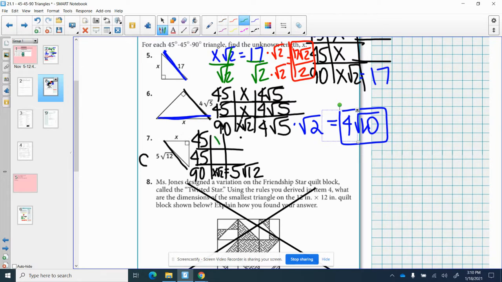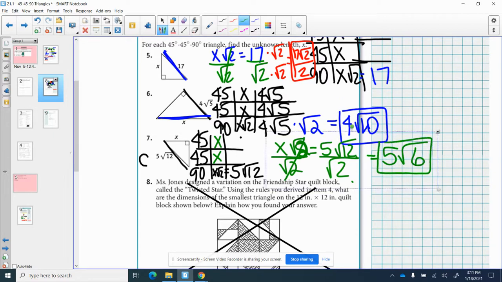So to get just x by itself, we have to take 5 square root 12 and divide the square root 2 away so that x will be alone. Well, square root of 12 divided by the square root of 2 is the square root of 6. And this would be the length of our two legs here and here.